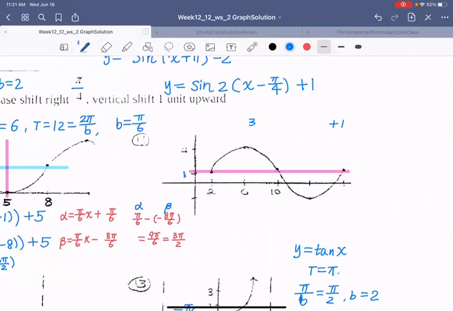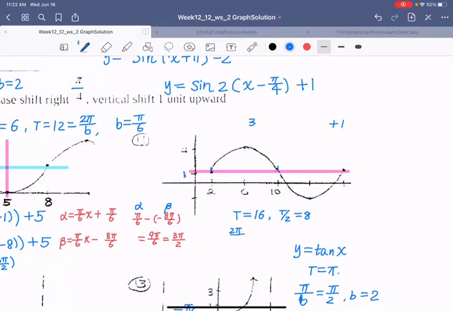And the period is 16? You mean the period? Yes, the period is 16. You're right, and half of the period is 8. Very good. That's right.